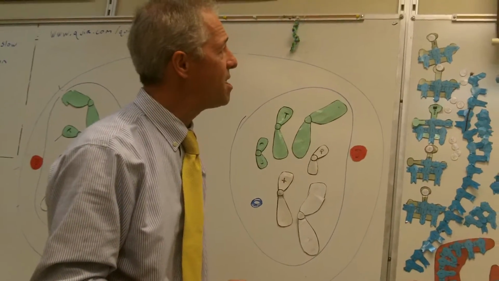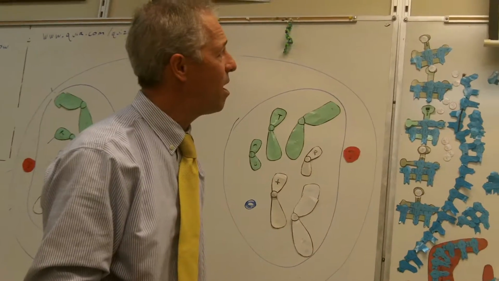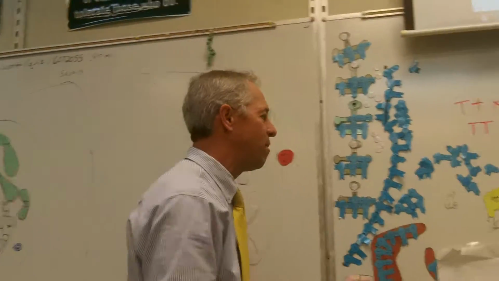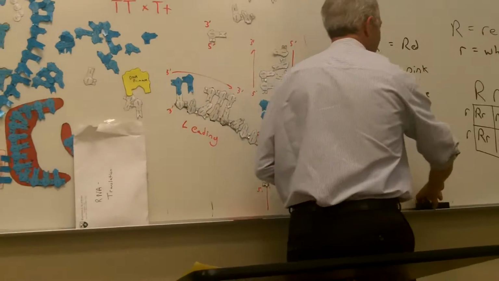Number 6 is about blood types. A man with type AB blood marries a woman with type AB blood. Do y'all remember all the genes for blood types?